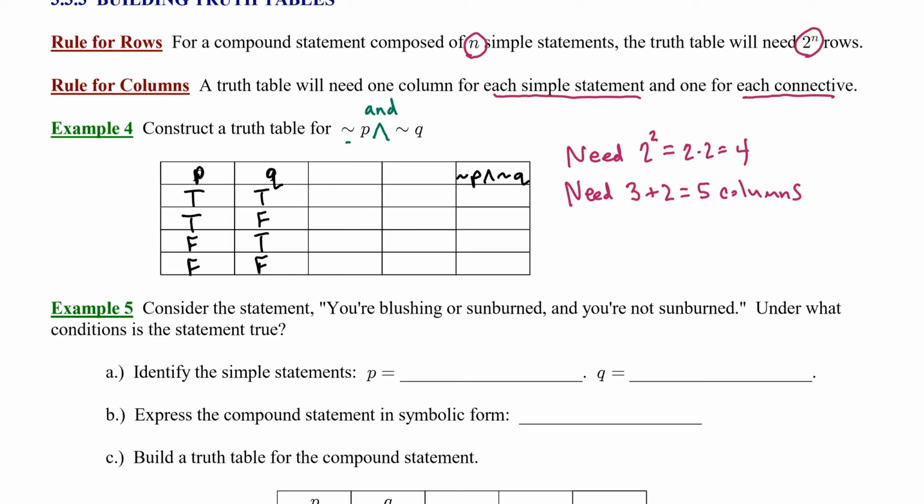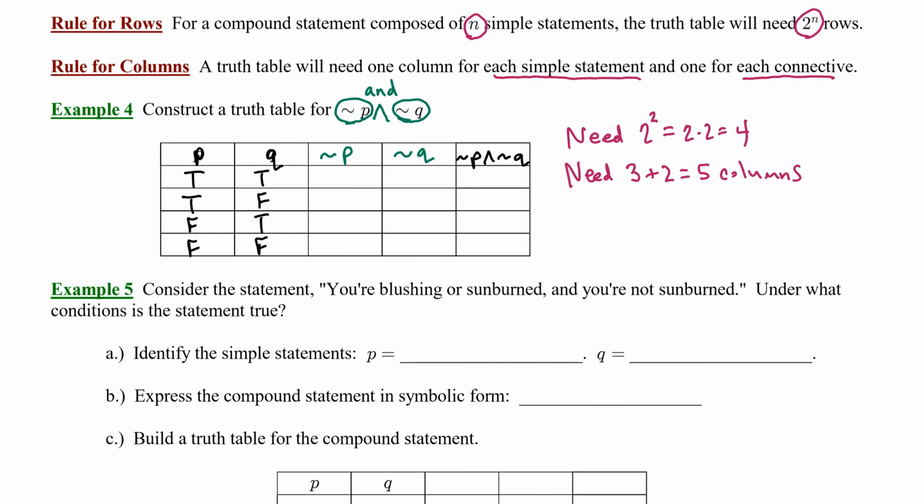So I need to know what's the truth value of the statement on the left. Well, we know the truth value of P, but we don't know the truth value of not P. So that's the next thing I'm going to add to my truth table. Once I have that established, then I also need the truth value of the statement on the right. We've got statement Q listed on our truth table, but we need to find the truth value of not Q. In this way, we can build our way up to that compound statement.